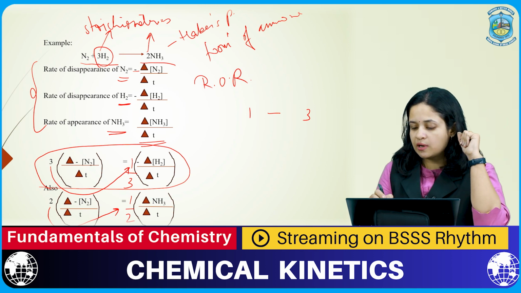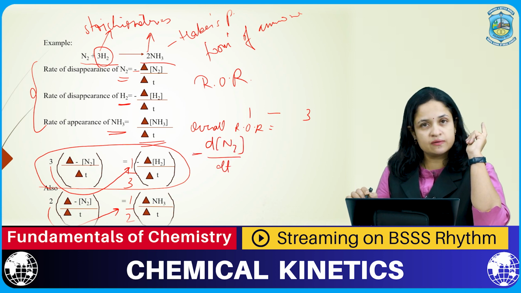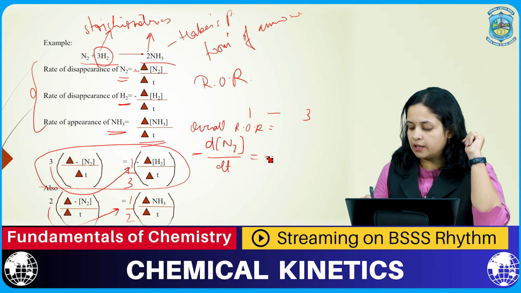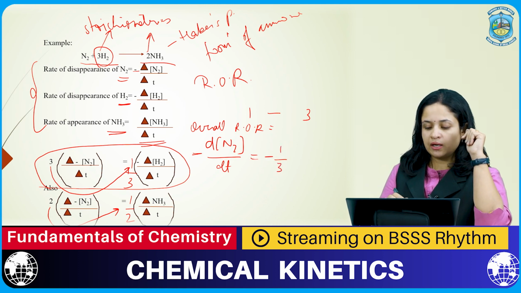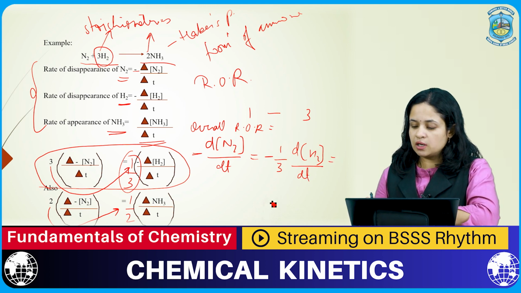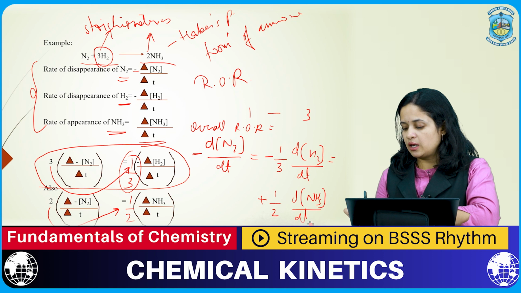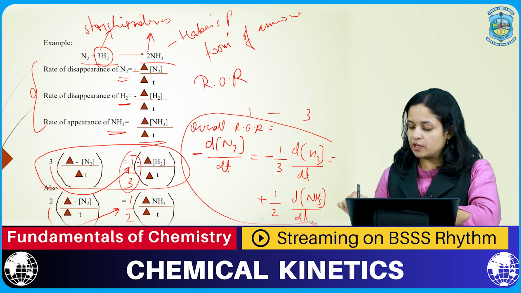Now, when we write the overall rate of reaction, it will be equal to minus dN2 upon dt, which is equal to negative 1 by 3 dH2, the change in concentration of this particular reactant, which is further equal to, now no minus, plus 1 by 2 change in concentration of ammonia with respect to time taken. So this will be my overall rate of reaction.